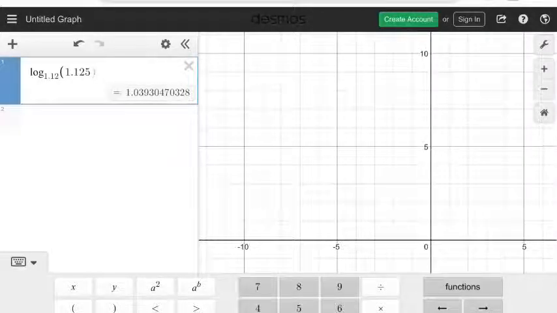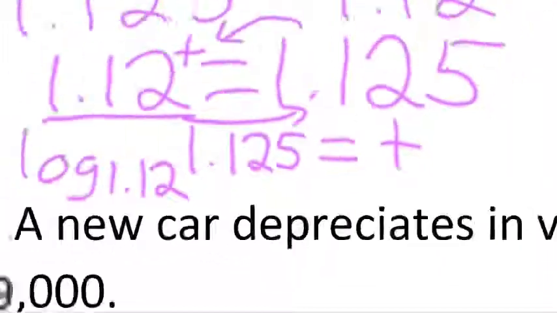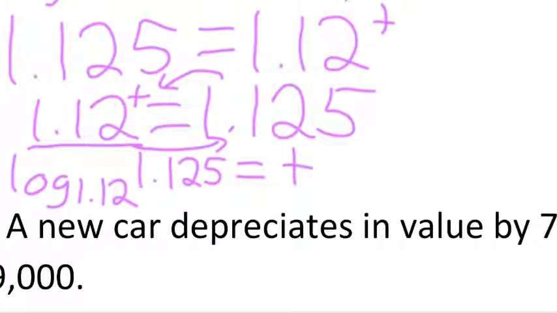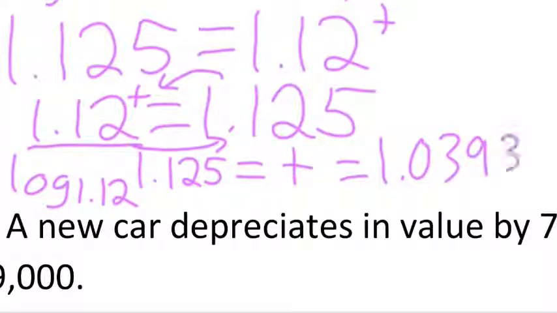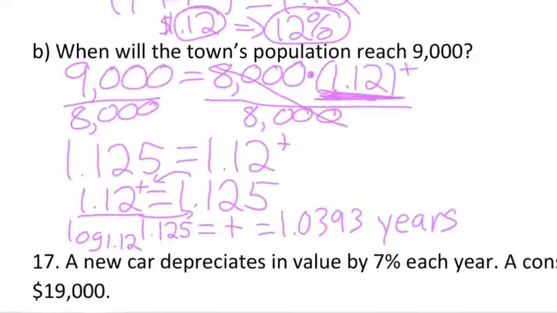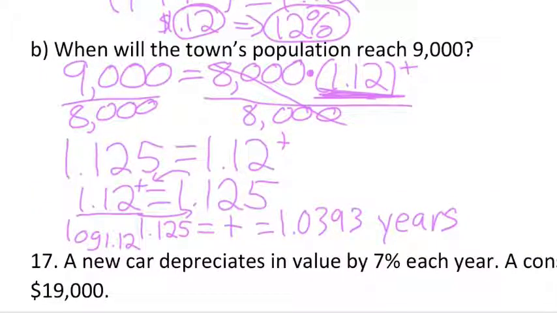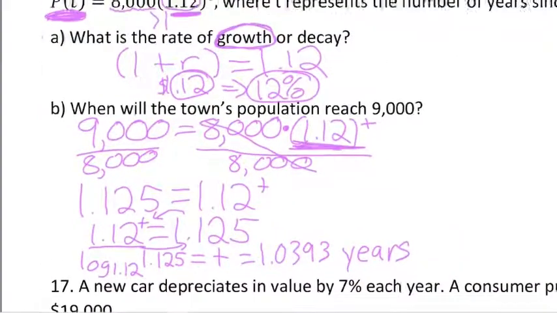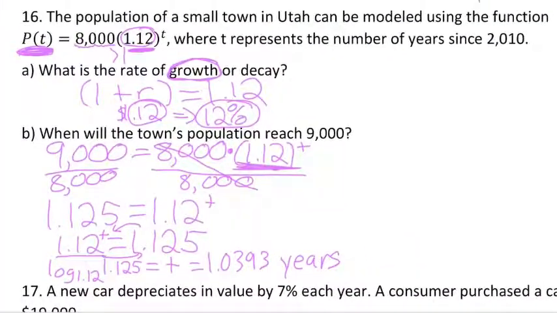So we can't have decimals when we're talking about years. So our answer, what I'm going to put on mine is 1.0393 years. So there's your answers for 16.